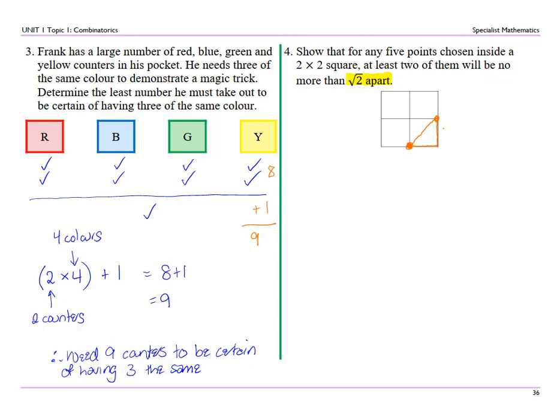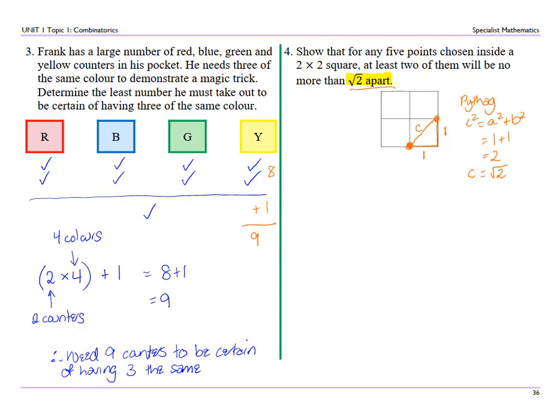Now, on that triangle, this is 1 unit and that is 1 unit. Using Pythag, c squared equals a squared plus b squared. 1 plus 1, which is 2. So c is the square root of 2.